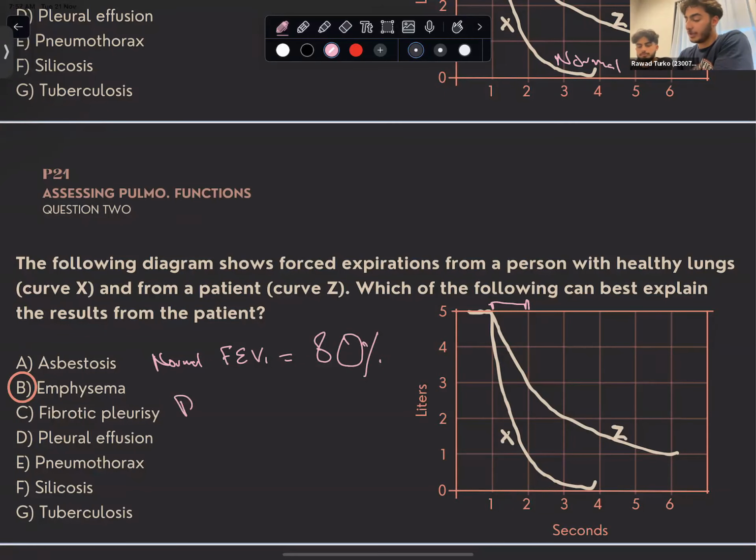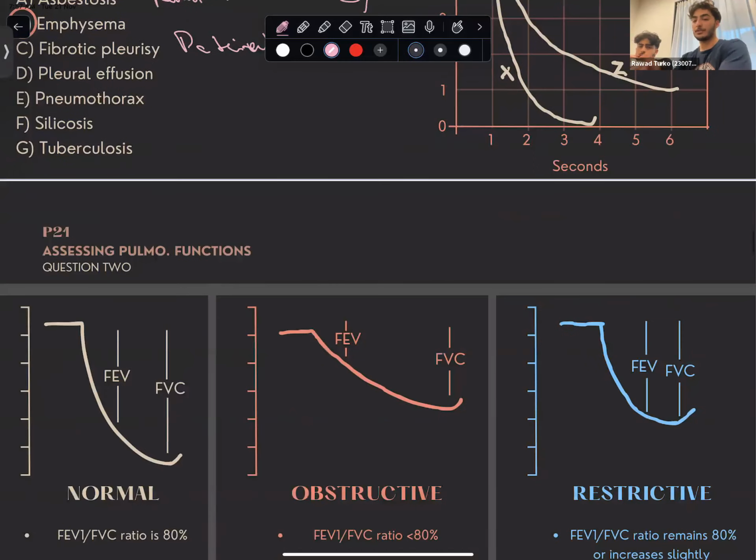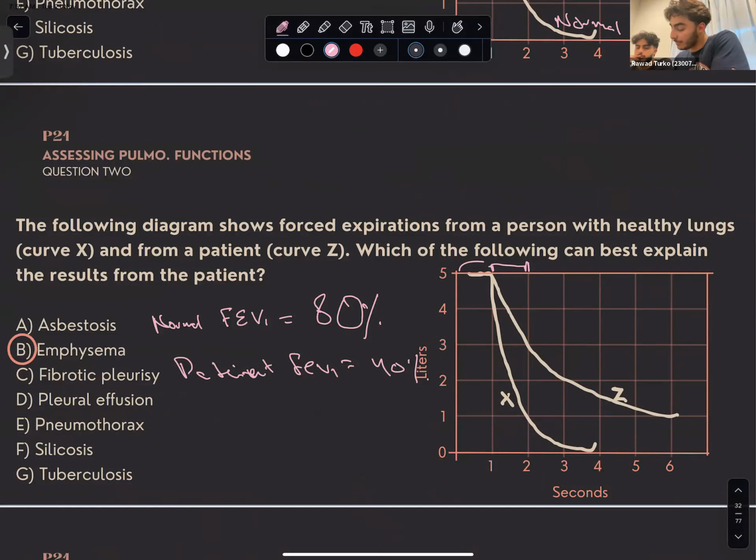And then your patient's FEV1 is from here to here, 2 over 5, 40%. Oh, I'm sorry, you're going back up.